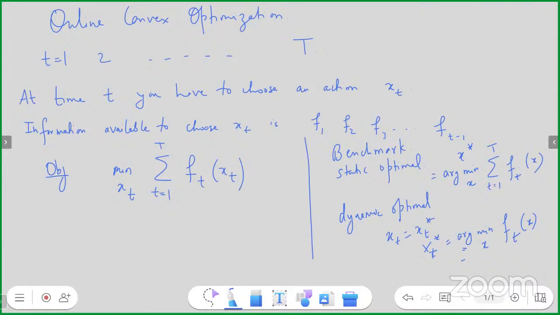Okay. So we'll take an example just to clarify things. Can you come close to either of them? This is only harder. Can you even come close to this is the question. You are playing blind.